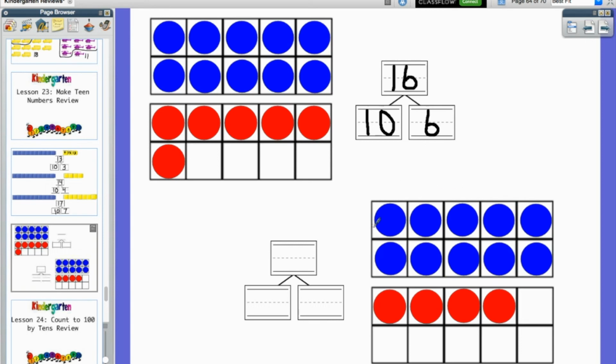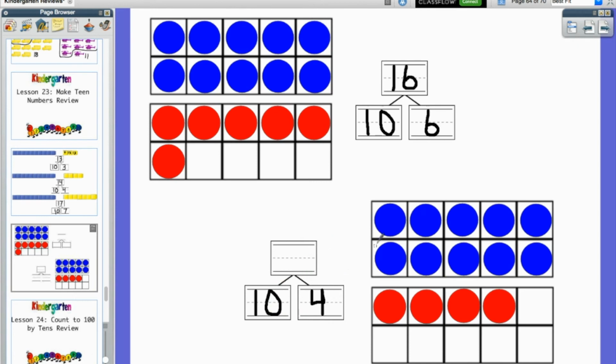Let's look down here. Do we have another set of 10 blue chips? We do. Our 10 frame with blue chips is all filled in. So we know that there are 10 blue. Let's count the red. 1, 2, 3, 4. Oh, we have 4 red chips. So what teen number does that make when we put together 10 and 4?